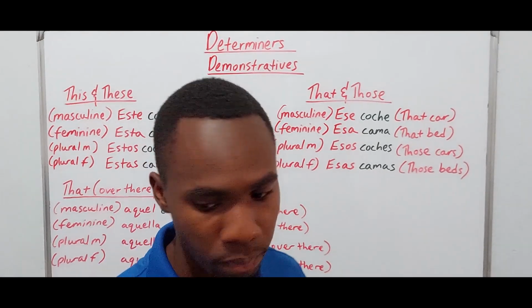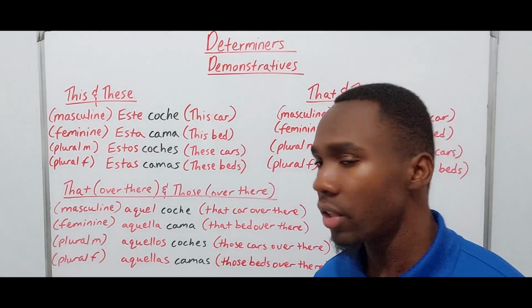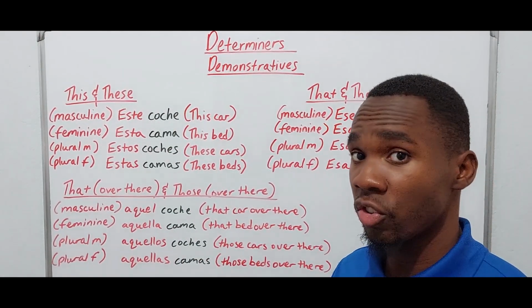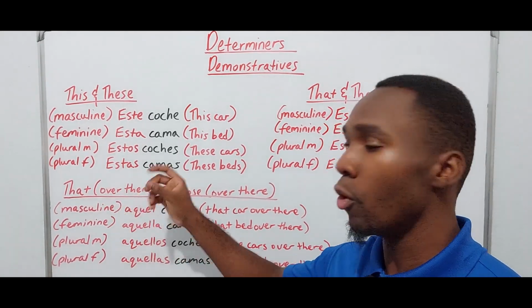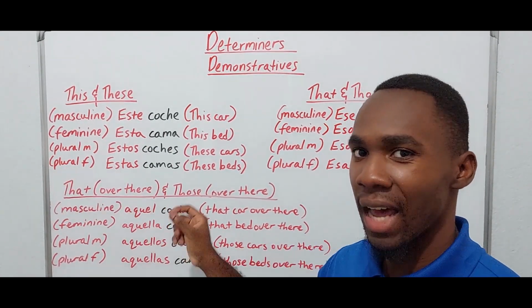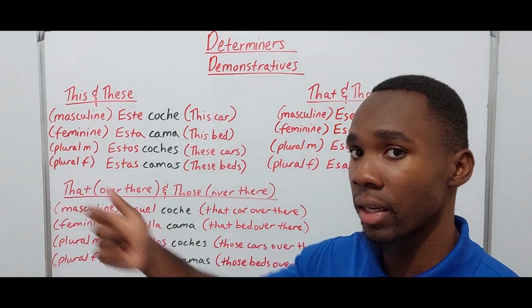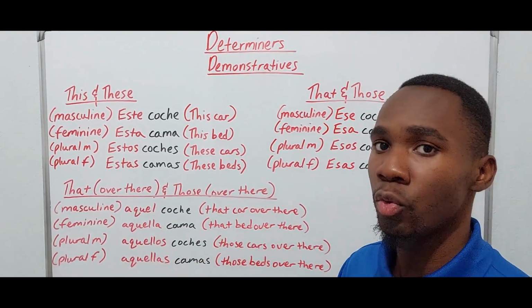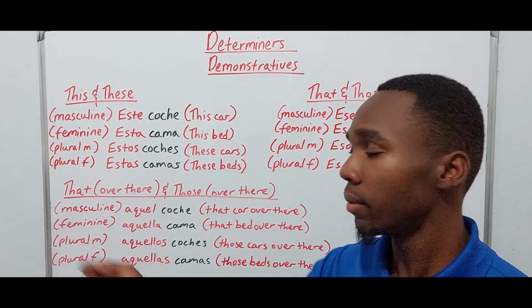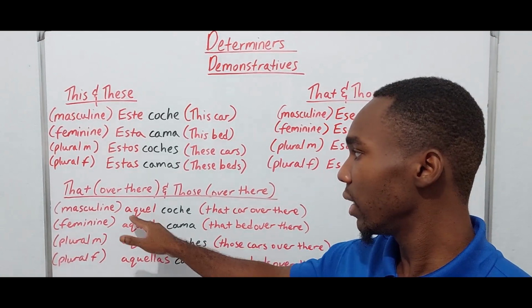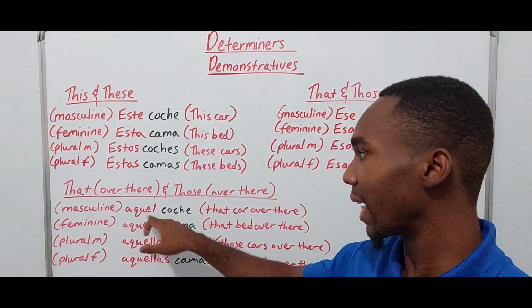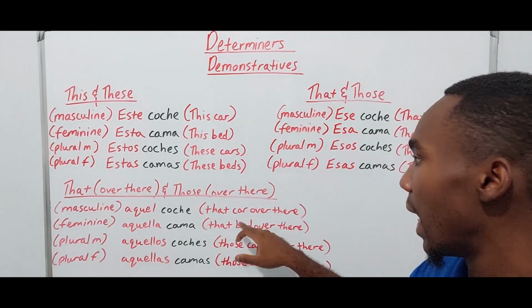So let's move over to another demonstrative. That over there. Not just that, but that over there. And then of course the plural will be those over there. So the masculine is going to be aquel coche, that car over there.